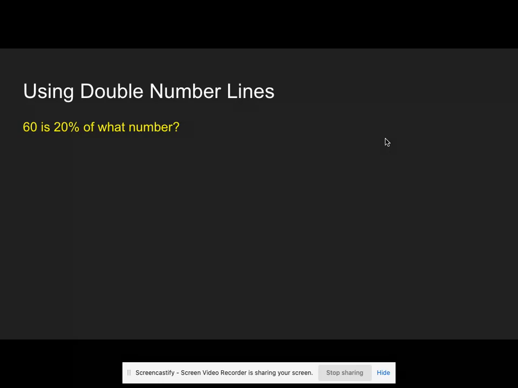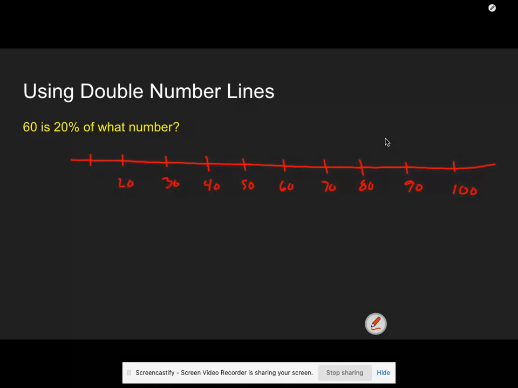So for the next one, you have to do a little bit more work because you would need to go from 10, 20, 30, 40, 50, 60, 70, 80, 90, 100. And then I guess I can draw that on the number line. So 60 goes right here.